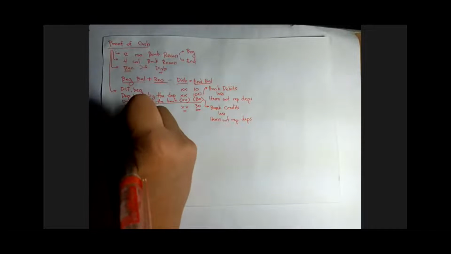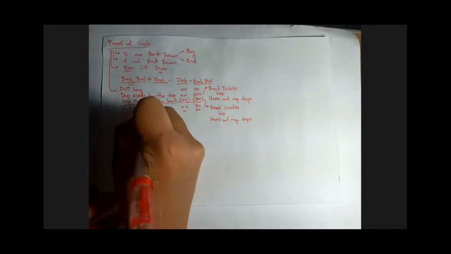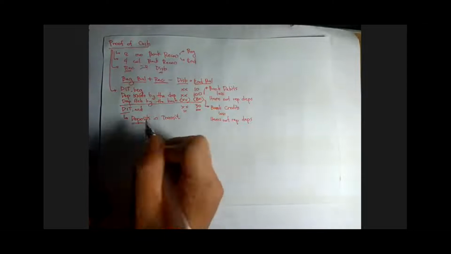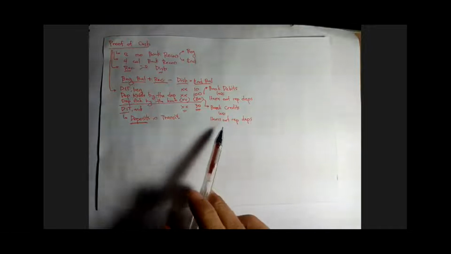Lahat ng items na hindi nagre-represent ng deposit is kailangan mong tanggalin sa ating computation, because once again, kapag sinabing deposits in transit, only deposits are relevant here. So all items not representing deposits are deducted or excluded from our computation.